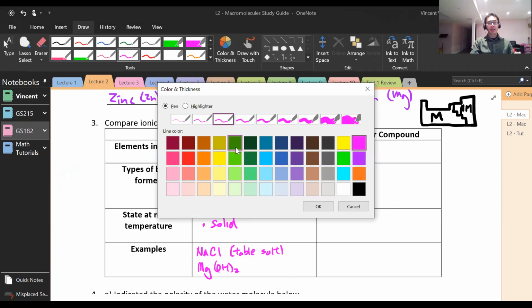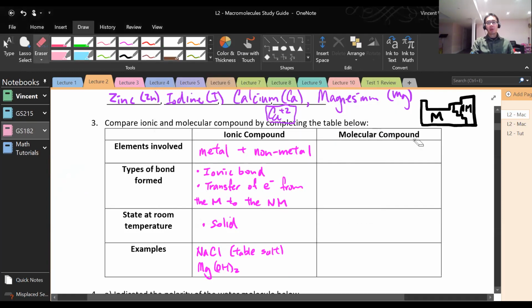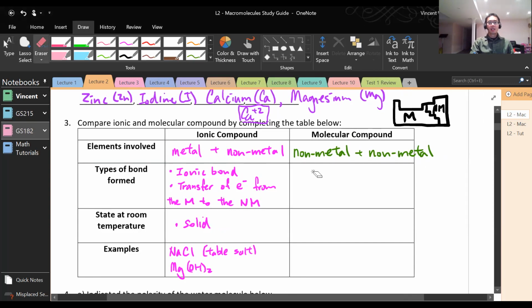Next, we are going to have molecular compound. In molecular compound, we will have non-metal plus non-metal. It could be two different types, could be three types, right? It's just made up of a bunch of non-metal atoms. And instead of forming an ionic bond, we have what's called a covalent bond.